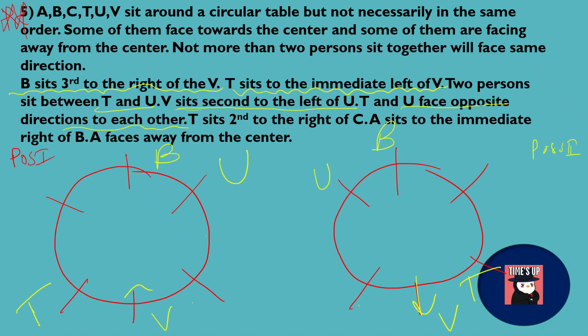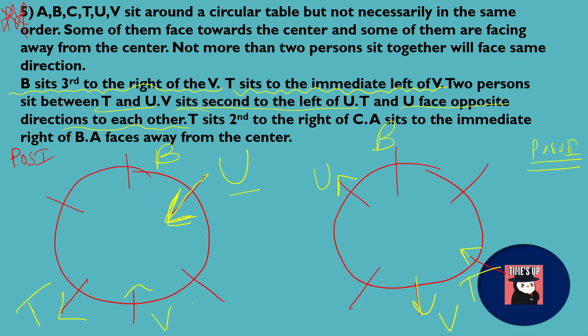If I make this towards, and suppose in this case I take U away from the center. U and T are facing opposite directions. So if U is facing towards the center, T will face away from the center. And if U is facing away from the center in the second possibility, T will face towards the center.